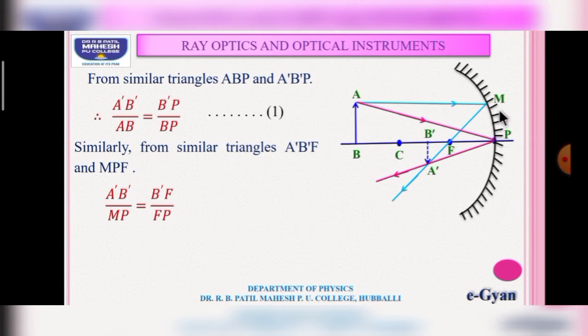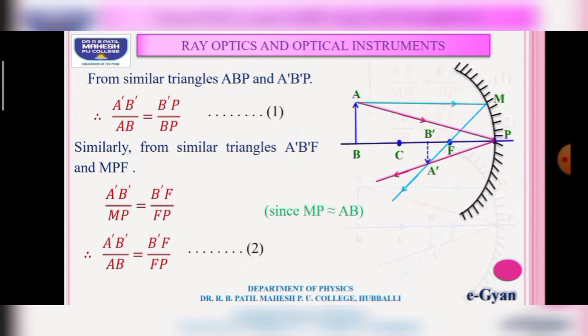Since MP is equal to AB, from the diagram, this distance is equal to the size of the object, the above equation becomes A dash B dash divided by AB is equal to B dash F divided by FP. Let this equation be 2.